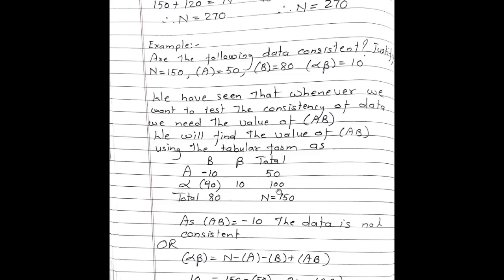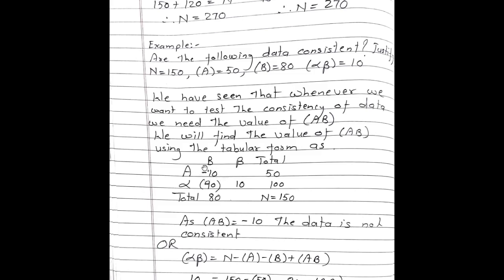Natural frequency of class alpha we can calculate as 150 minus 50 is 100. And frequency of alpha beta is given as 10. Frequency of B is 80. So we will replace frequency of B as 80. We know that 100 minus 10 will give you 90. So alpha B frequency is coming to be 90.